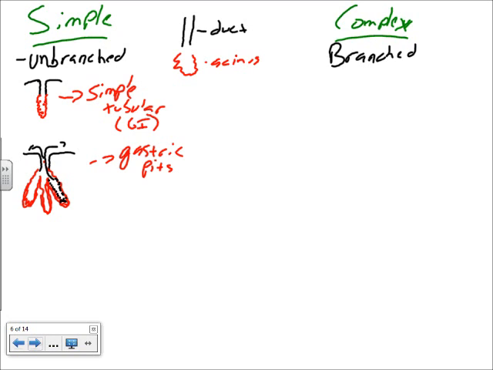So again, we've got simple tubular, and simple branched tubular. These are the tubular glands of the body, and then there are some glands that we like to call alveolar glands.